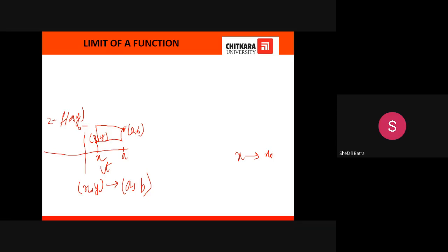If this point is the origin, then there are infinitely many paths. And if this is other than the origin, then you will probably consider two paths only. We will discuss it in the question. So this was your basic idea about how to find the limit for a function of two variables.